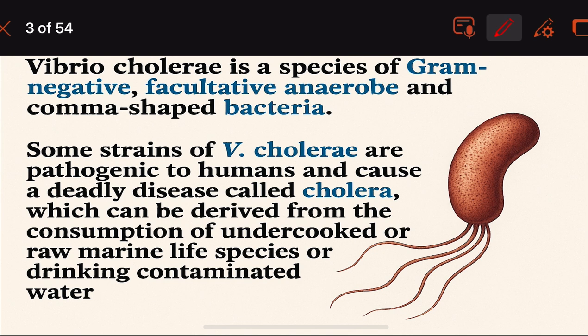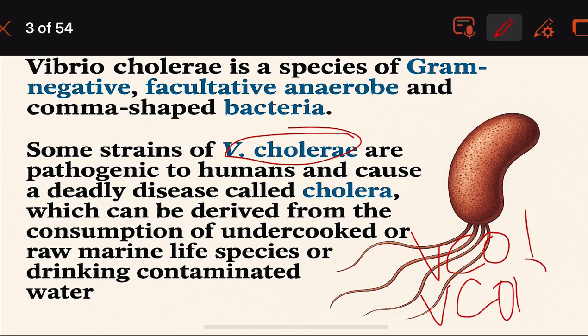We have strains like Vibrio cholerae O1 and Vibrio cholerae O139. Such strains are pathogenic to humans and cause a deadly disease like cholera. It is derived from the consumption of undercooked or raw marine life species.